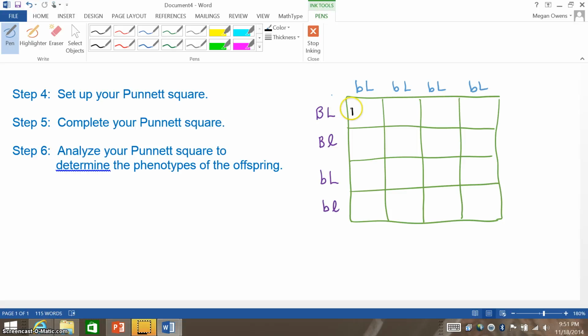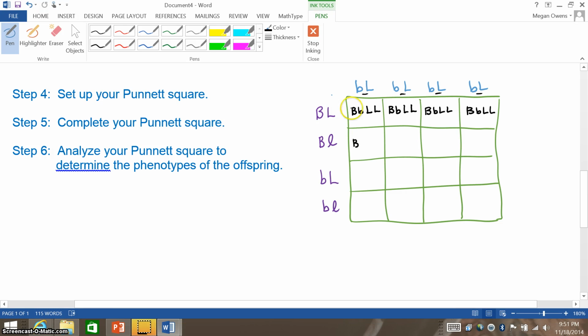I bring the big B over and the little b down, and the big L over and the big L down. Big B over, little b down, big L over, big L down. Now since these four are the same, the rows will be the same as you go across.